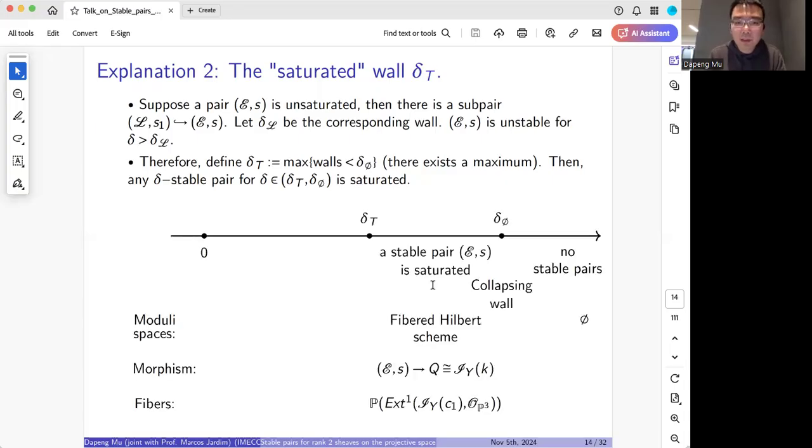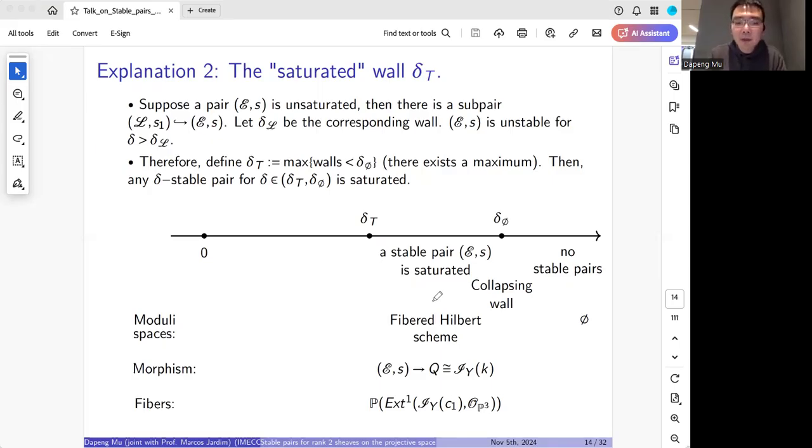Okay, so up to this point I can explain this bit. After this collapsing wall, I have the second largest one. We also know that every stable pair in this chamber will be saturated, because otherwise you would have a wall lying between delta T and delta empty set, which contradicts the maximality of delta T.